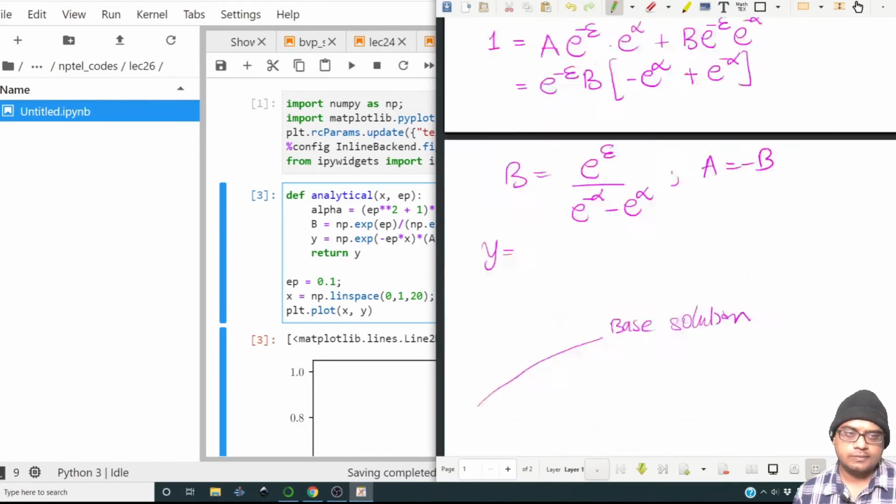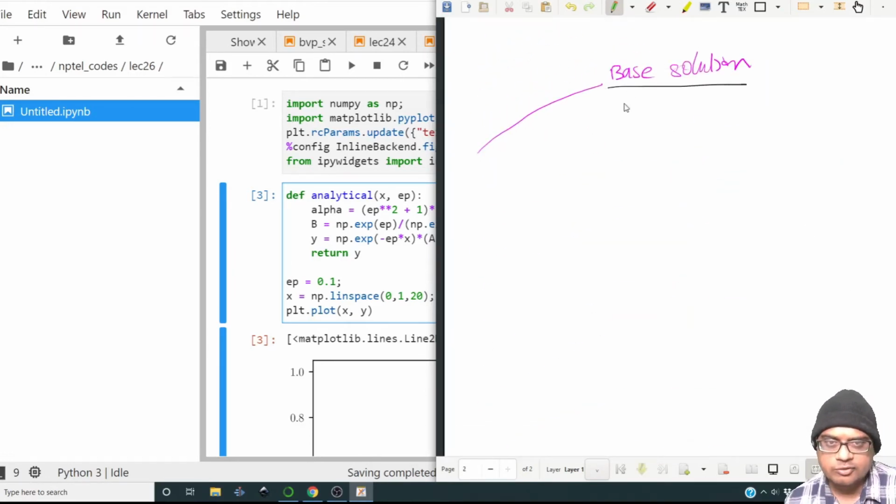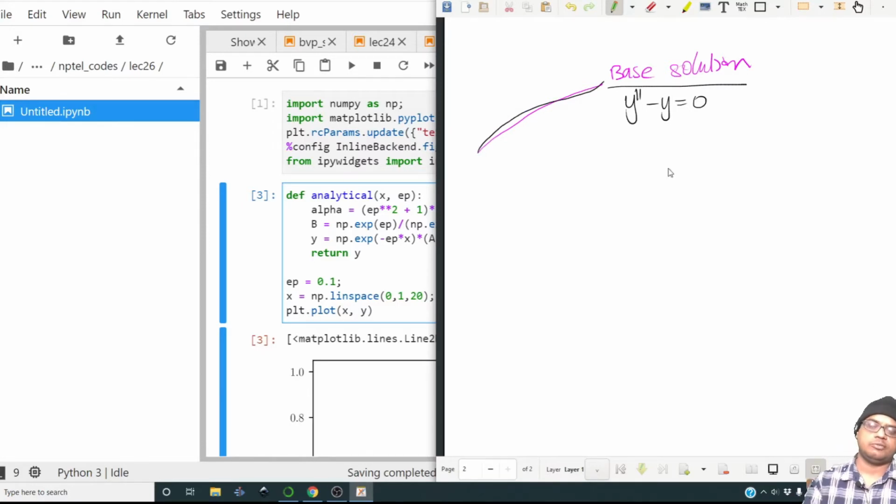And so the base solution is y double prime minus y equal to zero. But the moment you have a non-zero epsilon, but small, the solution will be some correction to this base solution, because in the limiting condition of zero epsilon, you will have a solution which is like the base solution.